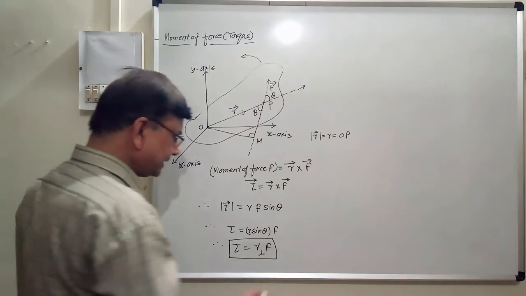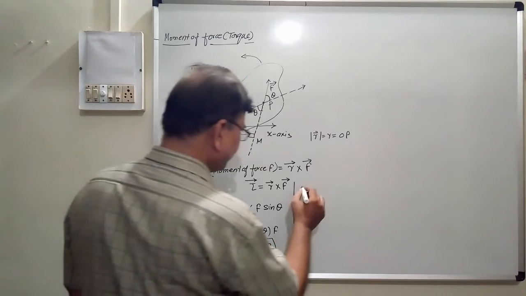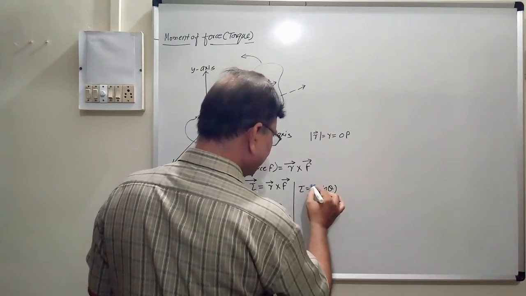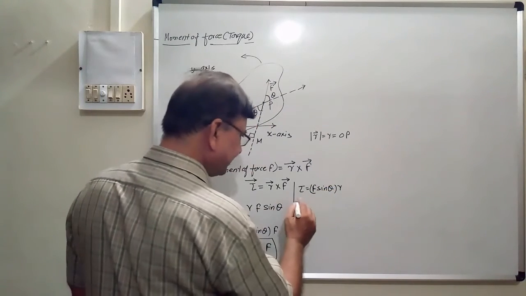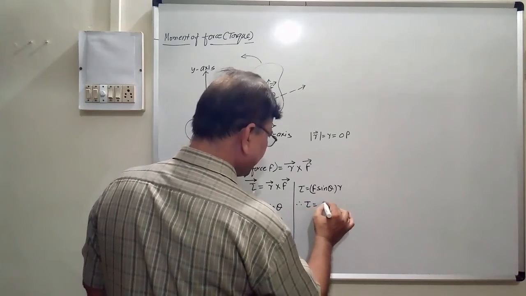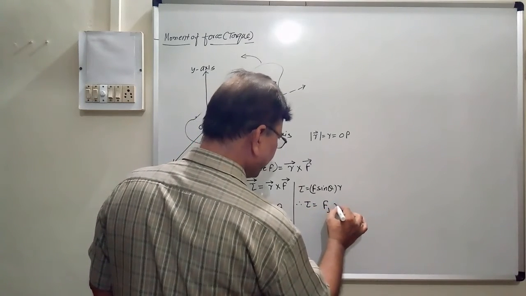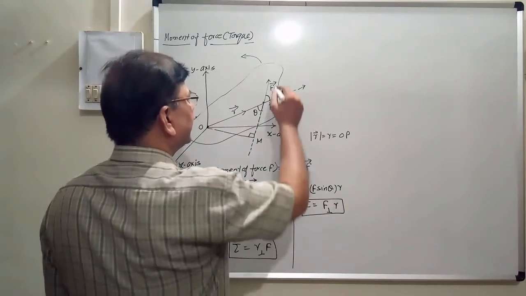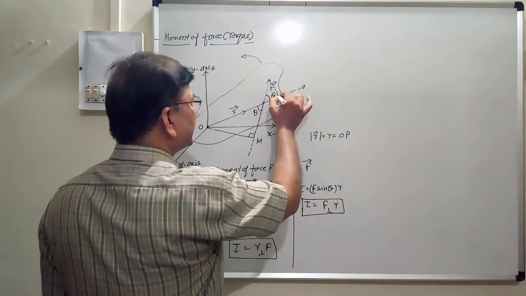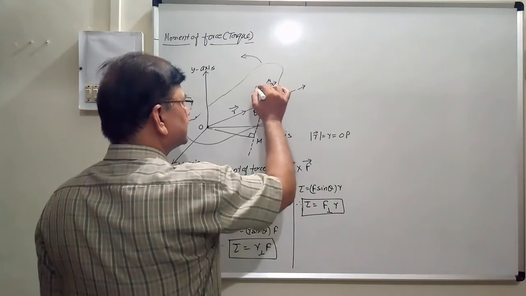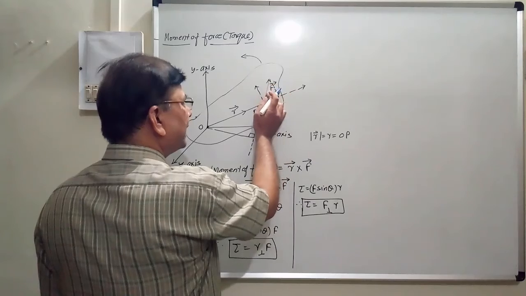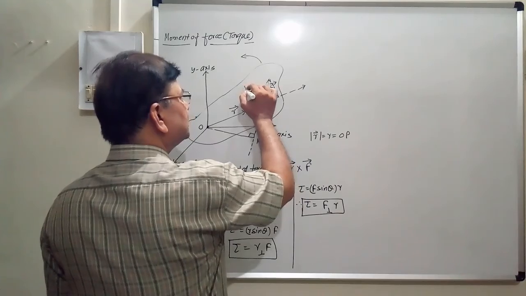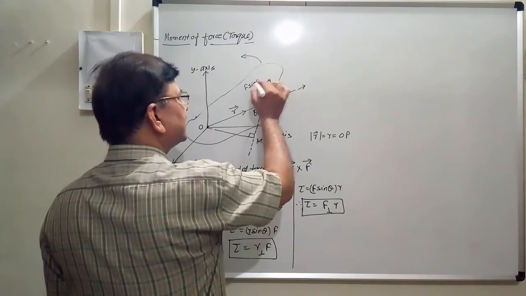Or we can say this can be written like this also, tau is equal to F sine theta into r. Means this is F perpendicular into r. F perpendicular into r means, see, if we put a perpendicular over here, the component of F along this is F sine theta, it is perpendicular to r. So this will be F sine theta.